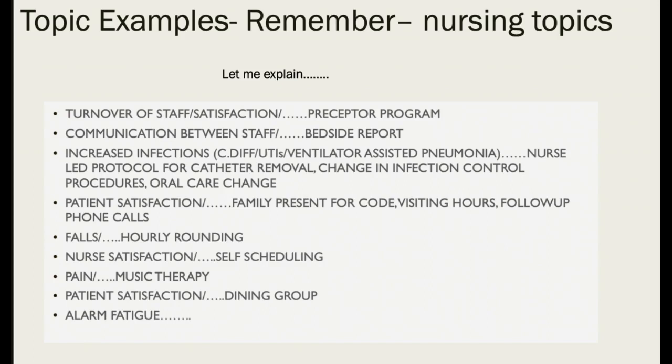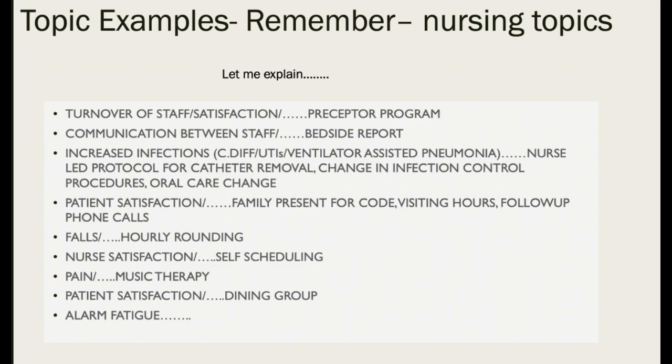Those are medical issues. We want to choose nursing issues, and nursing issues in my mind are things that you can do without a doctor's order, things that we can do to make the processes better. The examples on this page are easy choices for this class, and they might lend easily to assignments in future classes if you choose to use them.